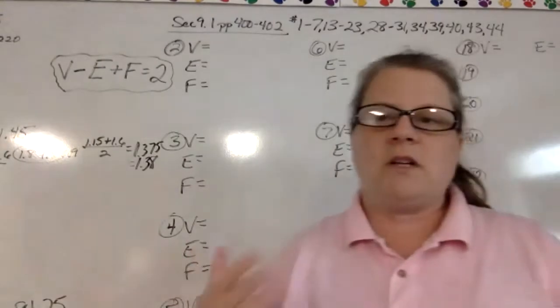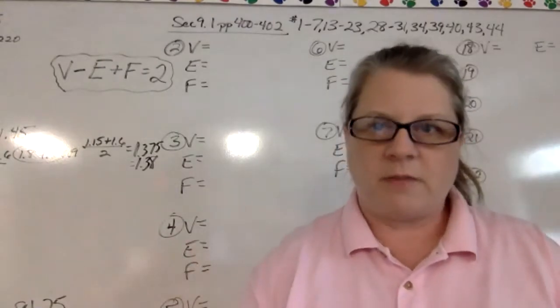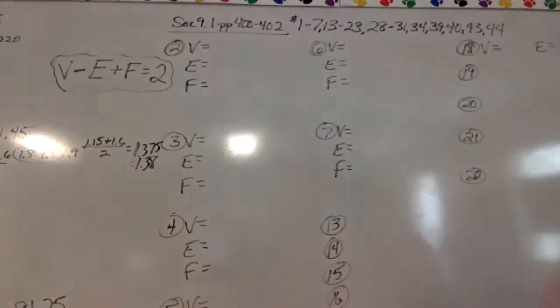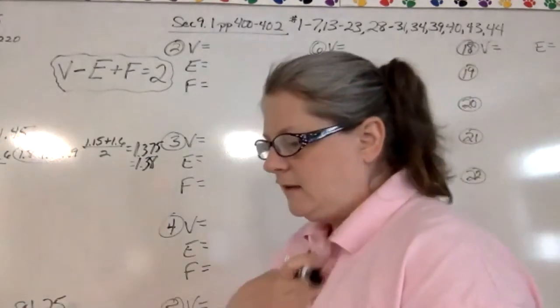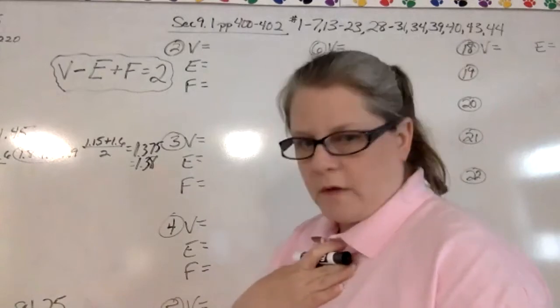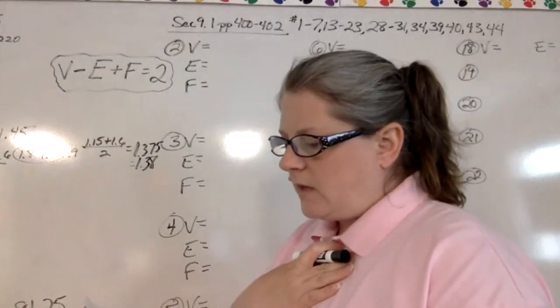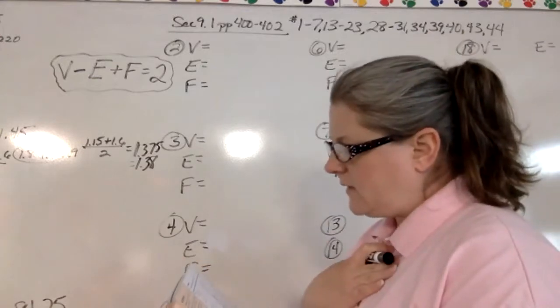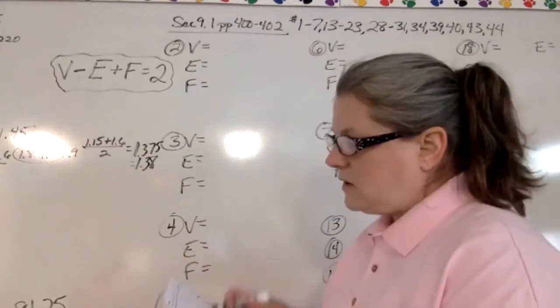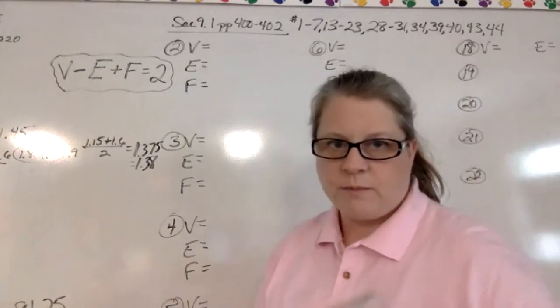So that's what we're using for like the first 7 problems that we're doing today. Okay? So the first thing it says on number 1 is true or false. Euler's formula can be rewritten as vertices plus faces is equal to edges plus 2.